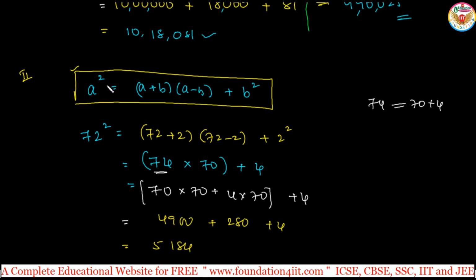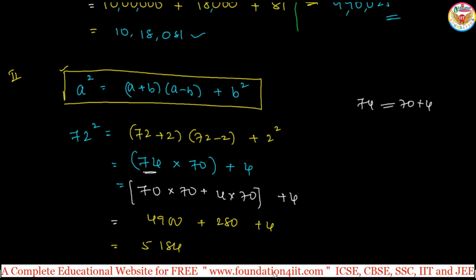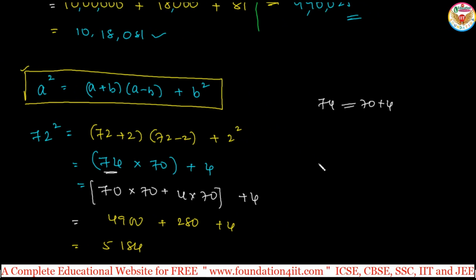I am showing that we can apply this formula too. The only concept is a square is a plus b into a minus b plus b square. Take a few examples and practice, it will be easy. Let us take one more example. If you want to find 53 square, actually the crisscross method is simple, but if you want to apply the formula, it is 53 plus 3, 53 minus 3, and plus 3 square.